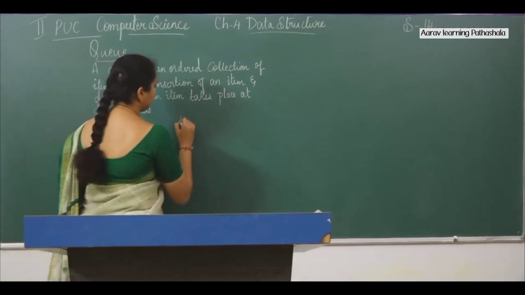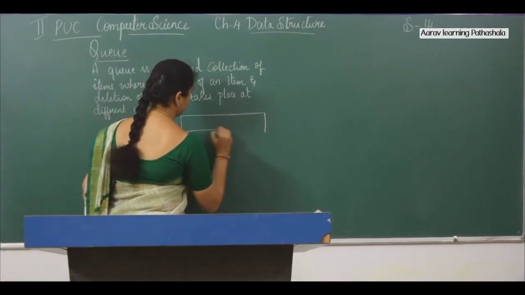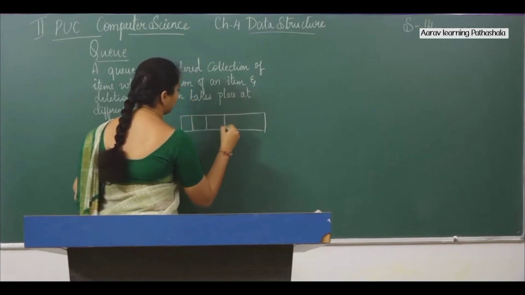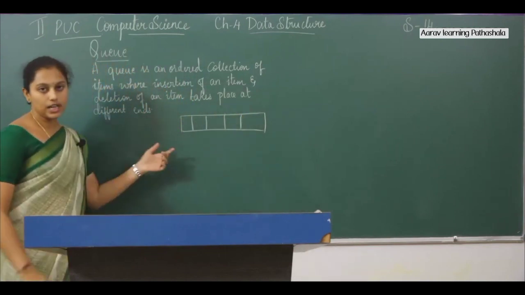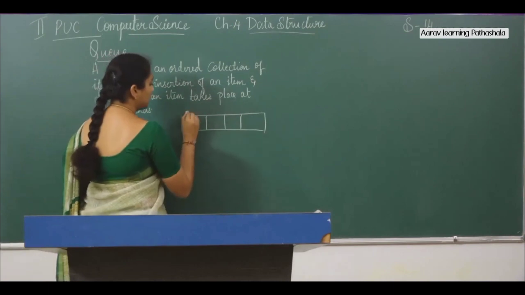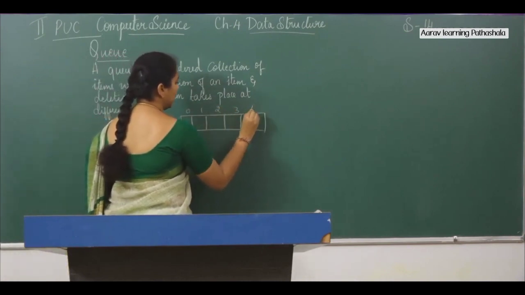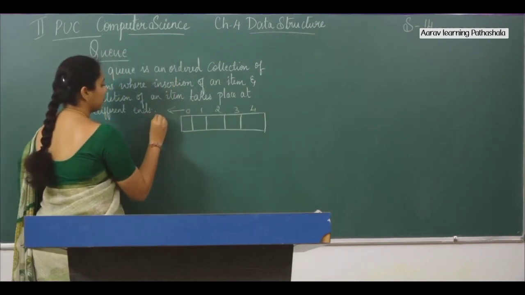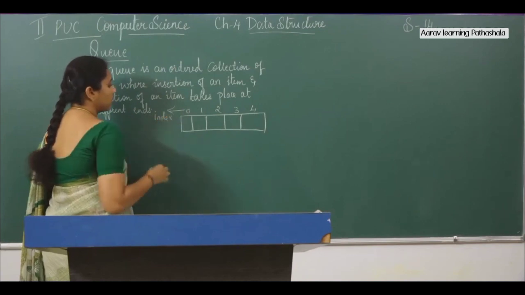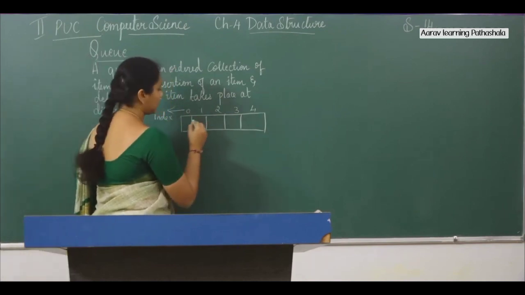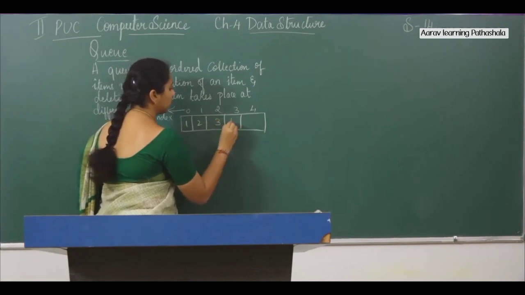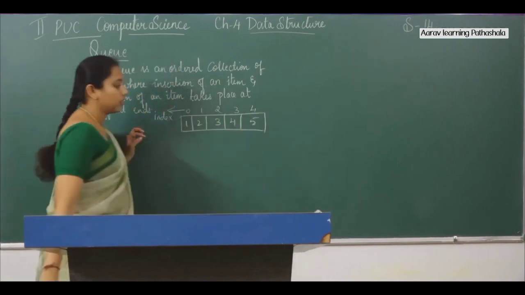So consider a queue as a linear array. These are the indexes. It contains some elements: 1, 2, 3, 4 and 5.